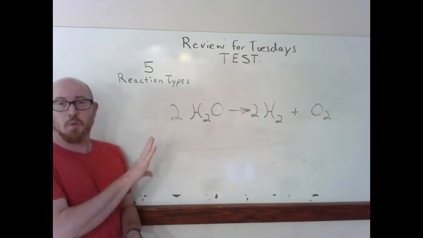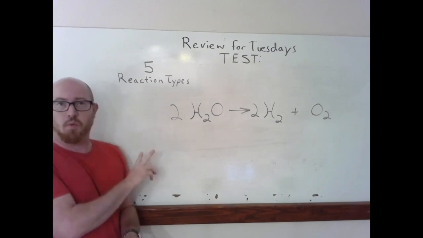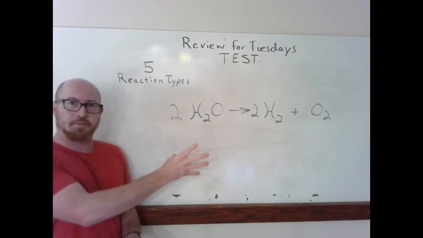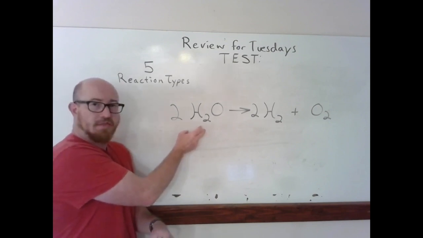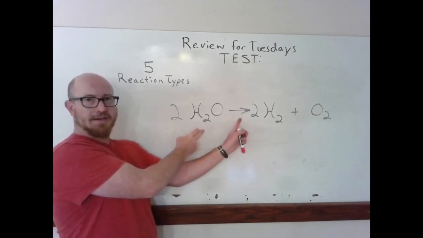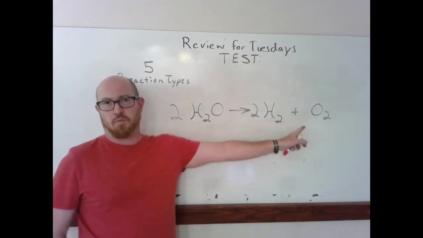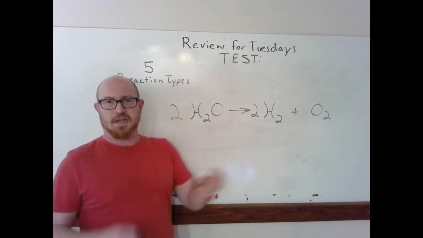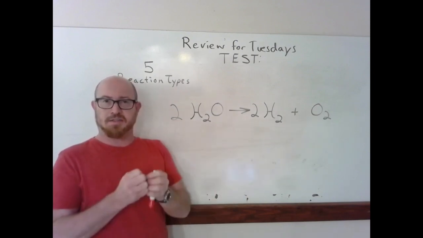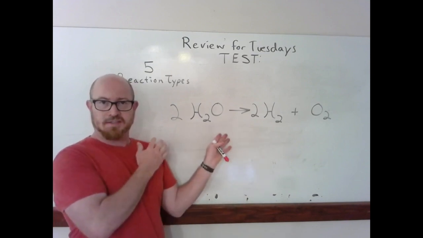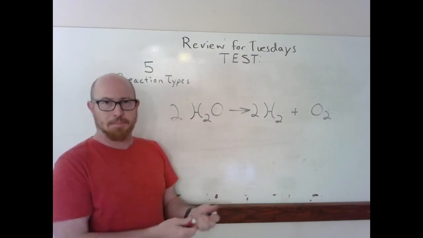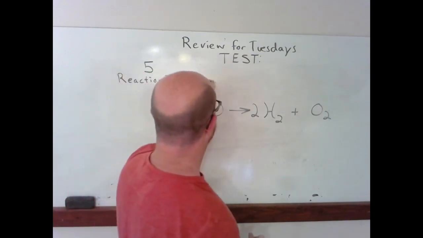Now here, we've reversed it. We're taking water and we are tearing it apart. We're taking one thing and breaking it down into more than one thing. In this case, it is decomposing. It is breaking apart. This type of reaction is a decomposition reaction.